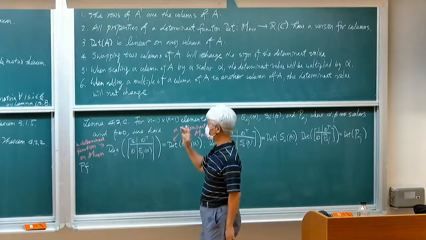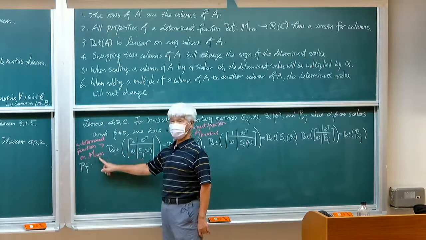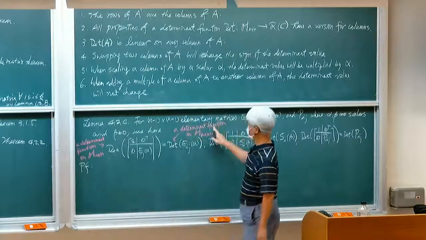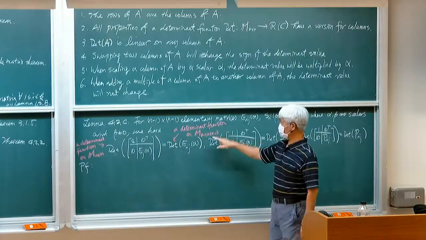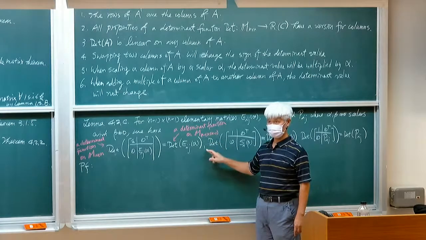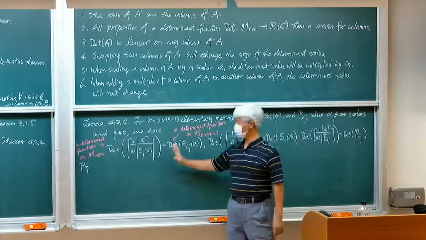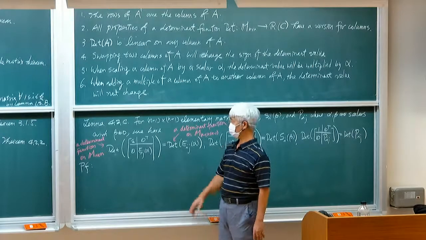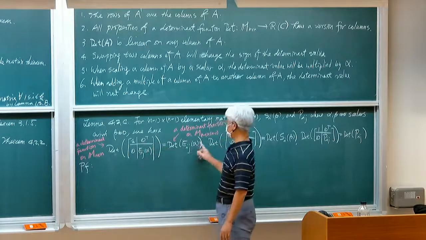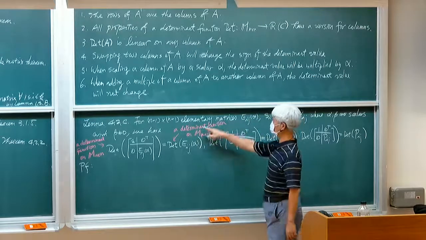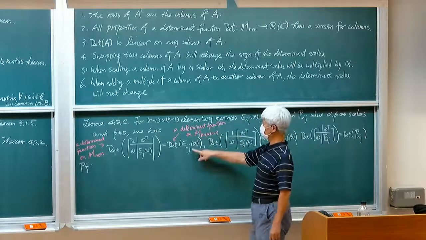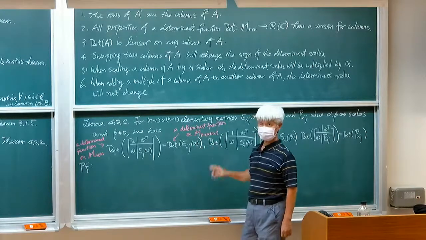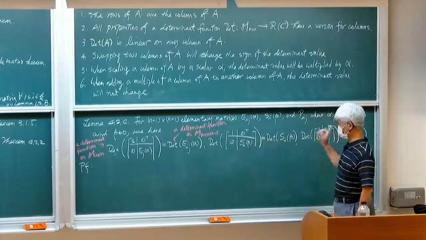So from this point of view, it is not trivial. No matter which determinant function on n times n matrices you check, and no matter which determinant function on n minus 1 times n minus 1 matrices you choose, they must be equal here. If you construct the matrices corresponding to here, using n minus 1 times n minus 1 elementary matrices, you will see that they are equal.